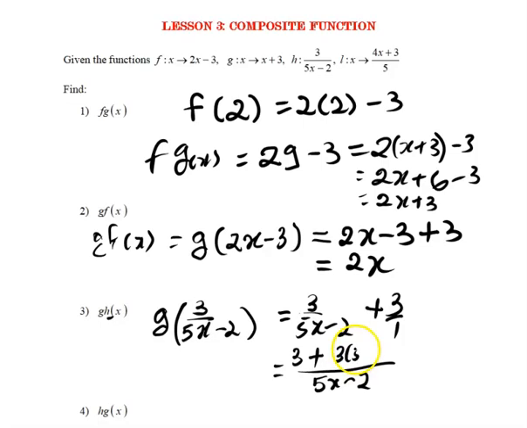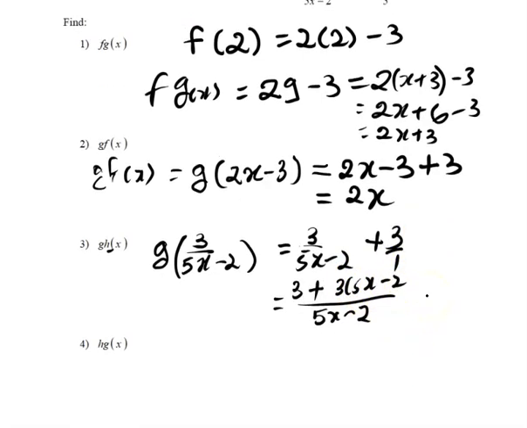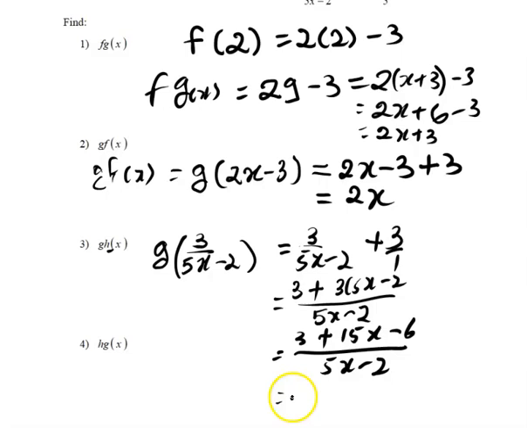So we have 3 plus 15x minus 6 divided by 5x minus 2, which is, you collect the like terms, 3 minus 6, so we have 15x minus 3 over 5x minus 2.